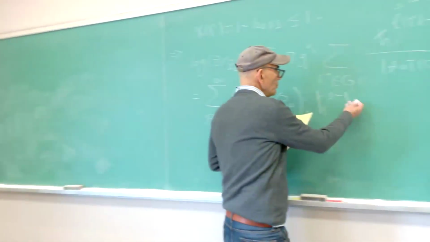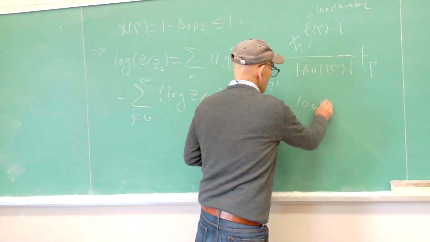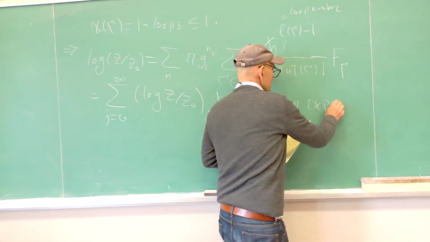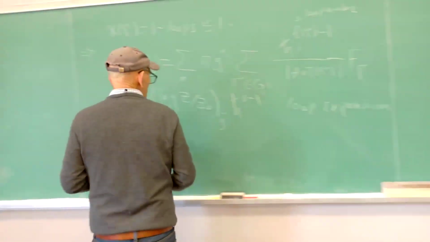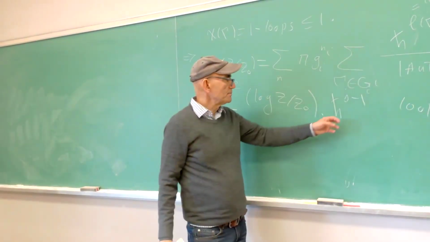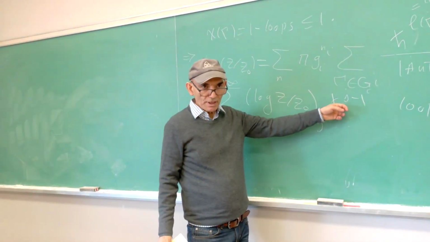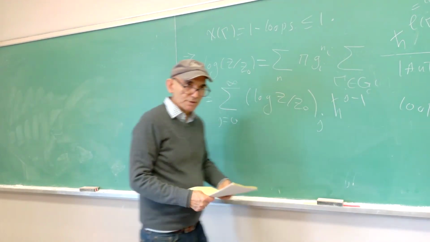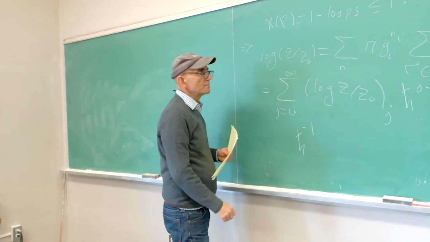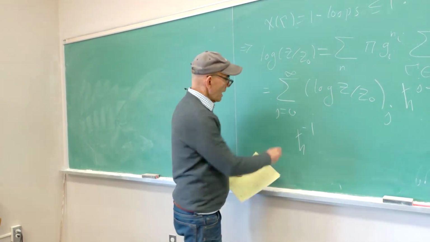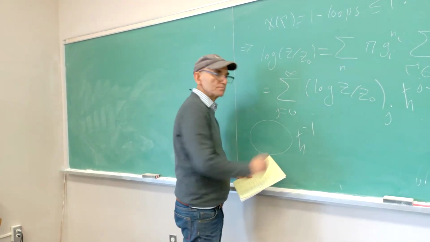Okay. And this is called the loop expansion. Obviously, if you have j equal to 0, you start with a negative power. So there is this h bar to the power minus 1 for j equal to 0, and there is this coefficient here.